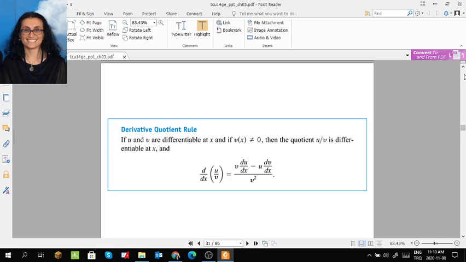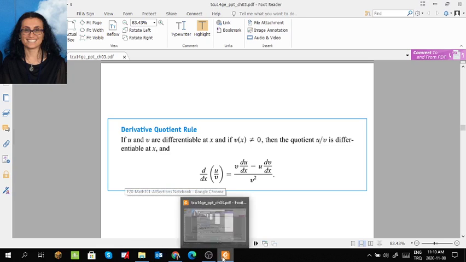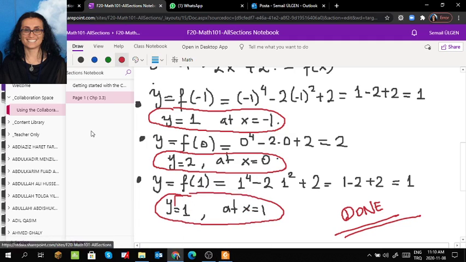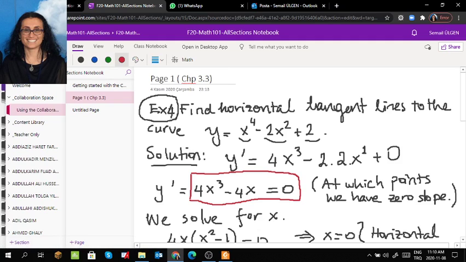Okay, let's solve some problems here. I'm going to make up some problems for the product rule and the quotient rule. Let's open up a new page. I have to do some copy paste here.